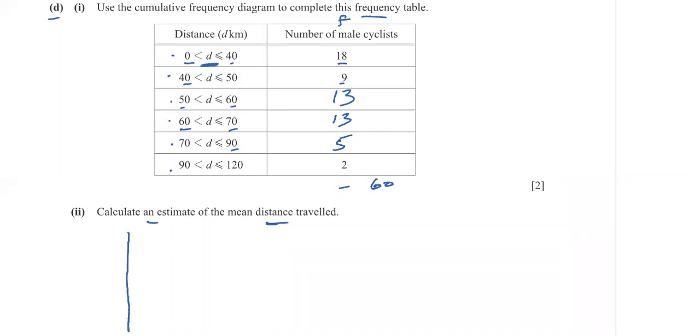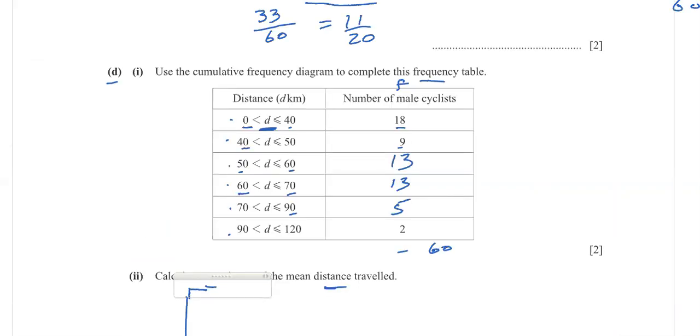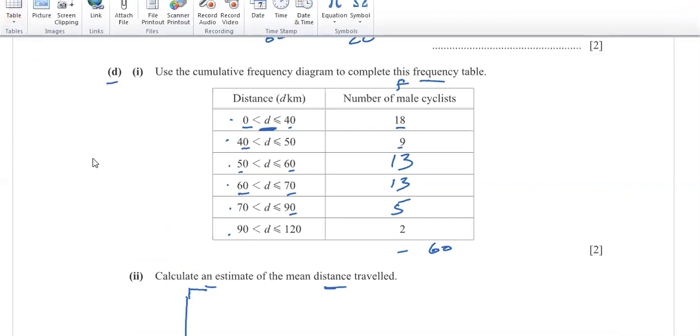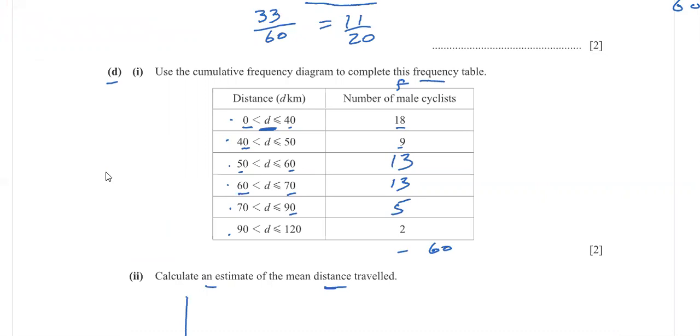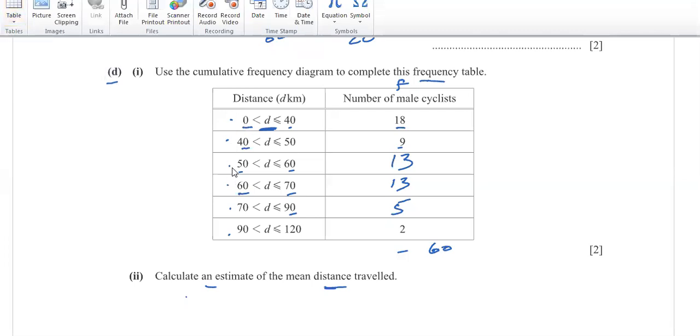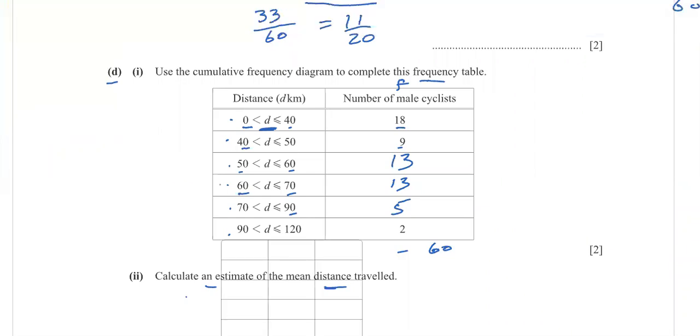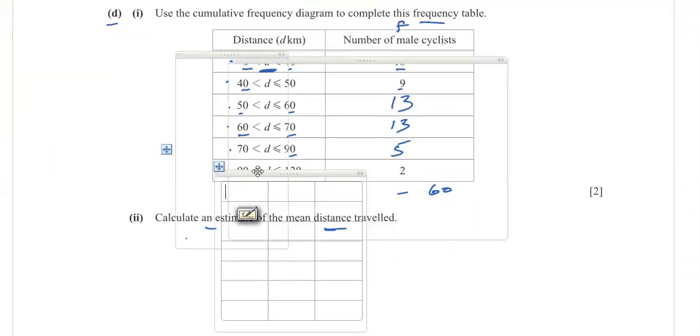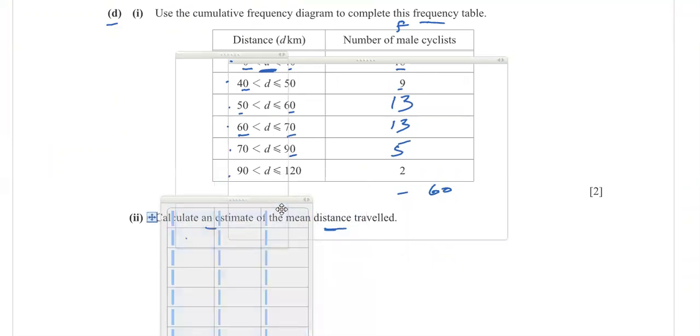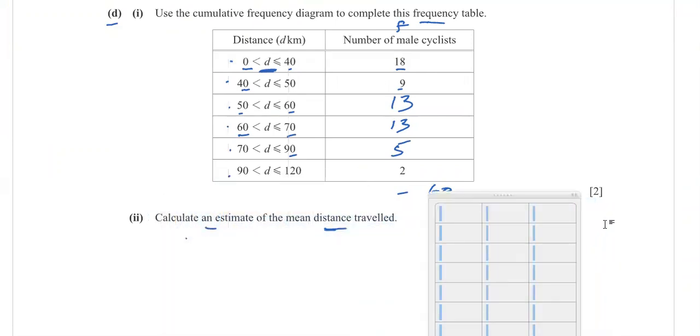One second, it is better if I insert a table with 6 rows. This is my table that I will use to find the mean.